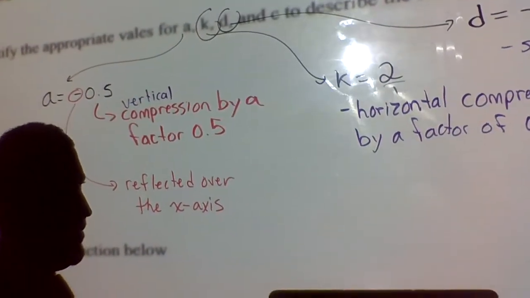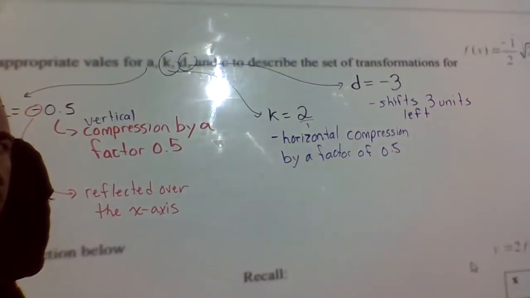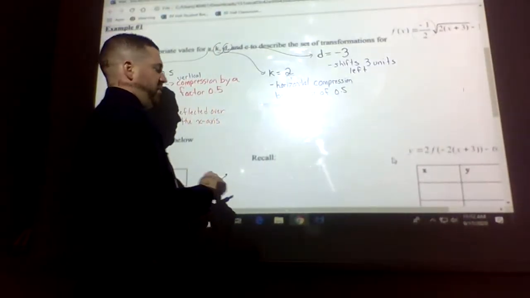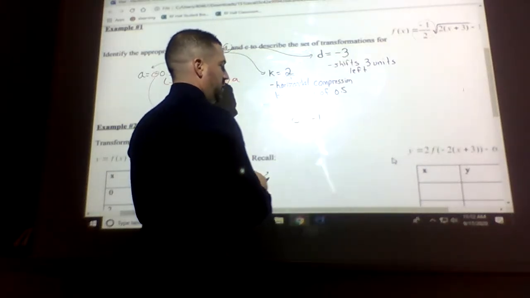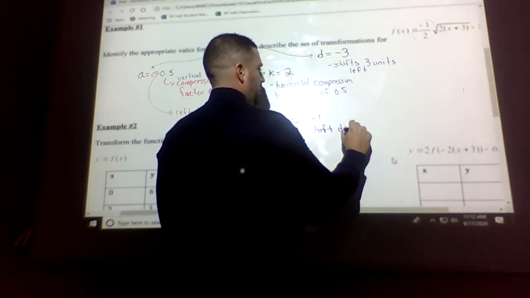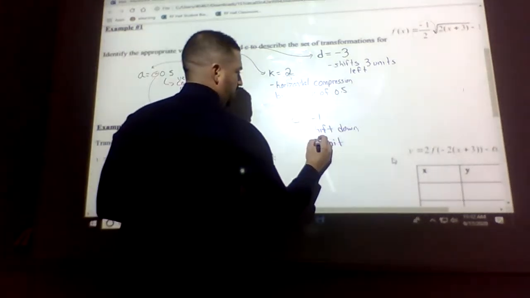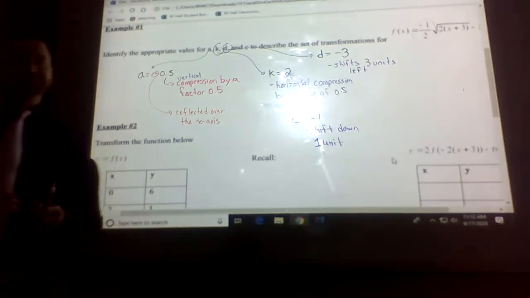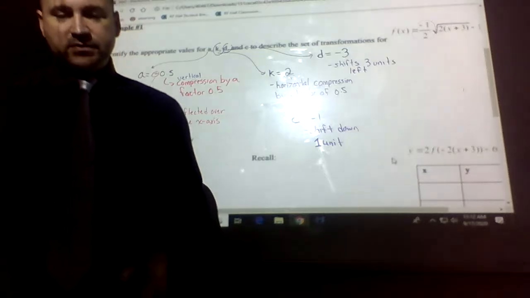Just going to give you a close-up so you can see this a little better. There's our A value, our K value, and our D value. And lastly, we have our C. Our C is at the end, it's negative 1. So we shift down 1 unit. So that gets your A, K, D, and C.